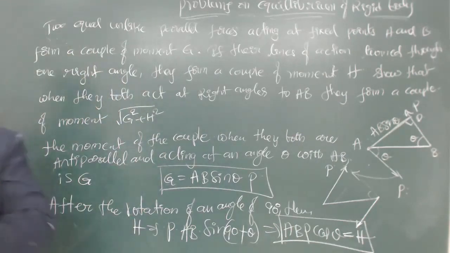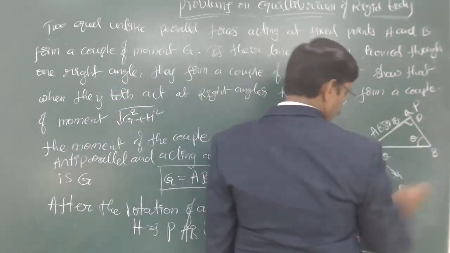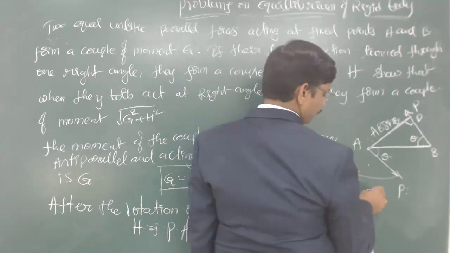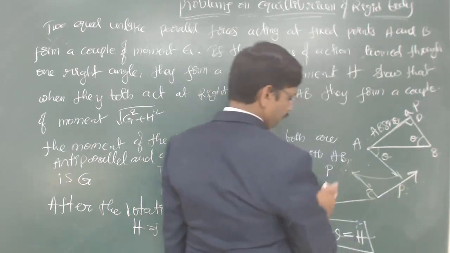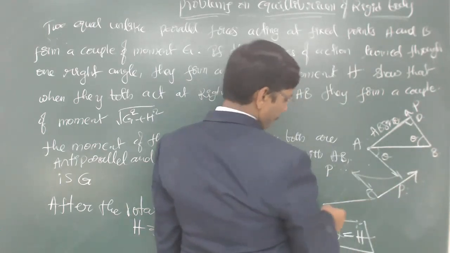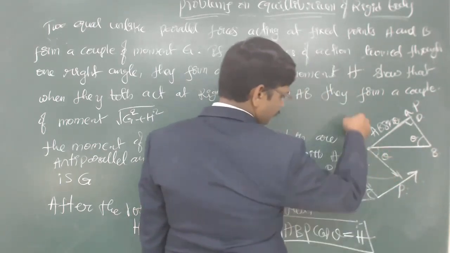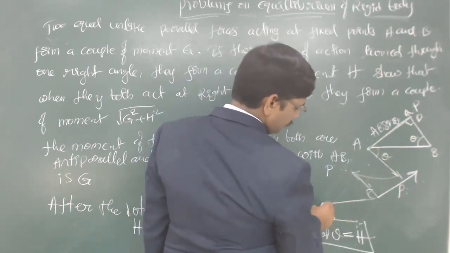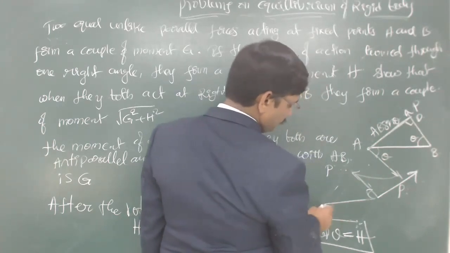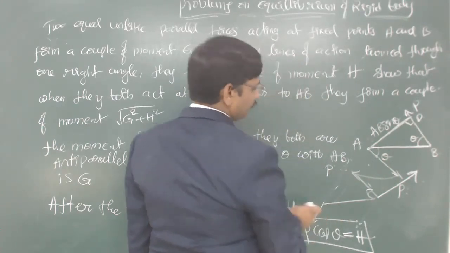Got it? So if this diagram is rotated in the other direction, we take it like this. If this is theta, and from here we take 90 degrees like this. So this is theta and this rotates by an angle of 90 degrees. Like this it will come. Okay, I will just draw here.